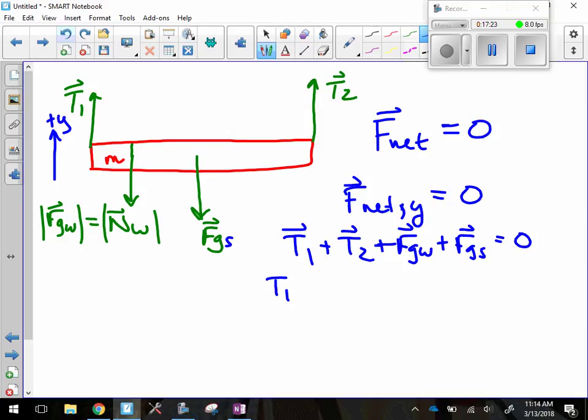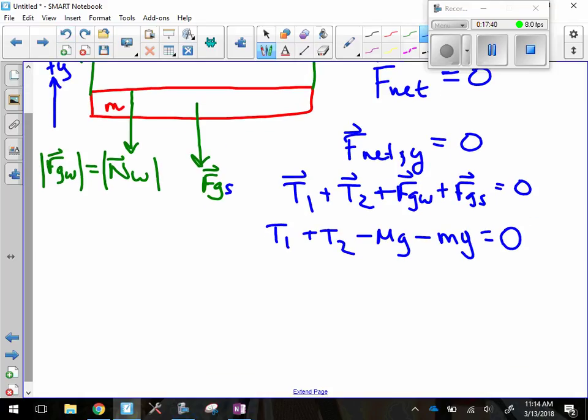Tension 2, positive or negative? FGW. FGS. So basically I've got the T1 plus T2 is mg plus mg.